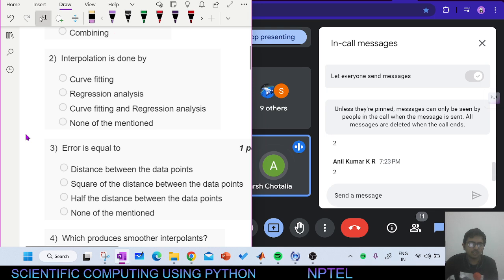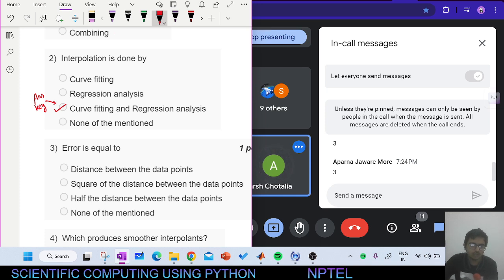Interpolation is done by curve fitting, regression analysis, curve fitting and regression analysis, or none of them. So three, three. Yeah, so three is the answer given by NPTEL also. This is from a previous question paper, right? They say curve fitting and regression analysis. So this is the answer key. But I personally would beg to differ, because as we saw, in regression analysis this constraint is not there that the estimated line should pass through the given data points.